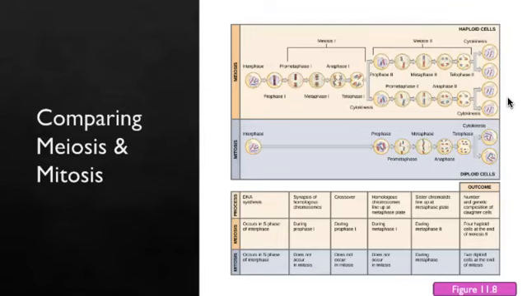Remember, because a sperm cell has 23 chromosomes, an egg has 23 chromosomes, and when they fuse together, we will get 46 chromosomes, meaning that our zygote will have 46 chromosomes, and then this zygote will divide through mitosis.